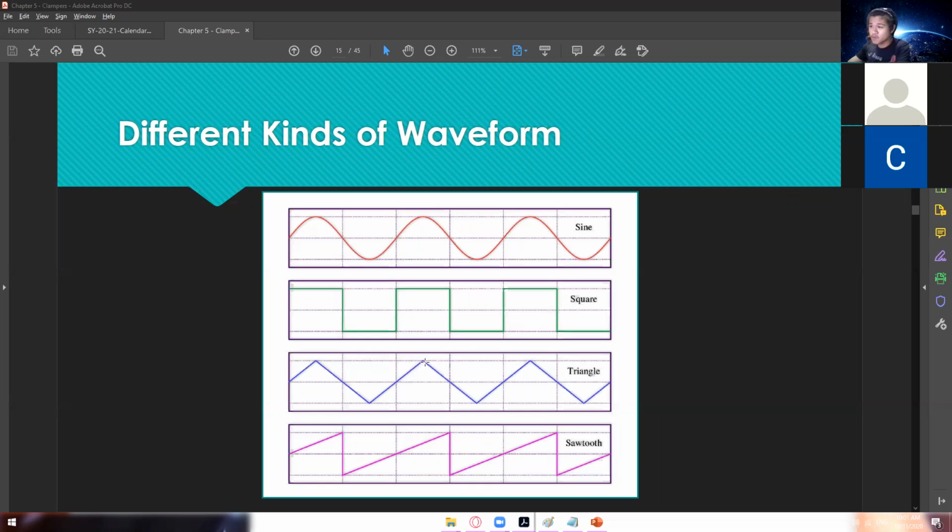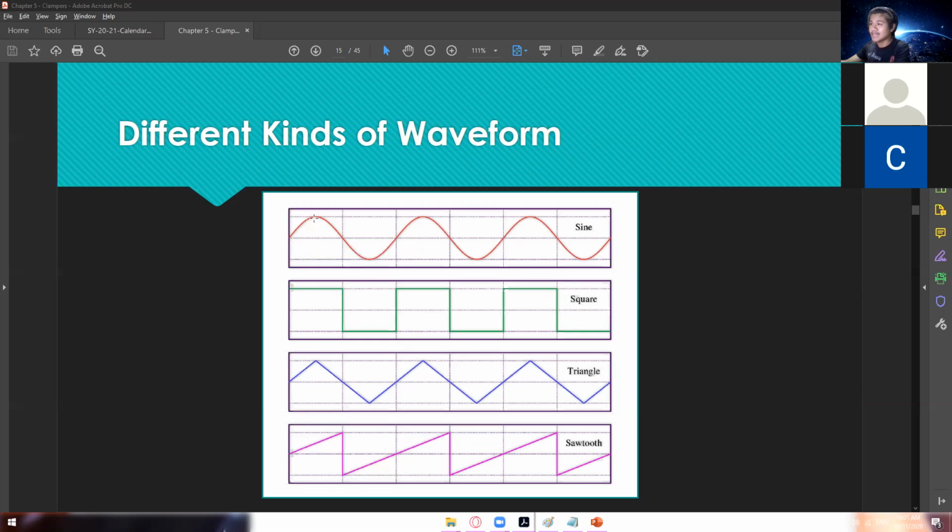A triangle wave is only used if you want to get the peak-to-peak voltage. A square wave is used if you want to get the time when it shifts from positive to negative. And sine wave is actually the overall. Sawtooth is used if you want to get the middle voltage when it shifts from positive to negative.